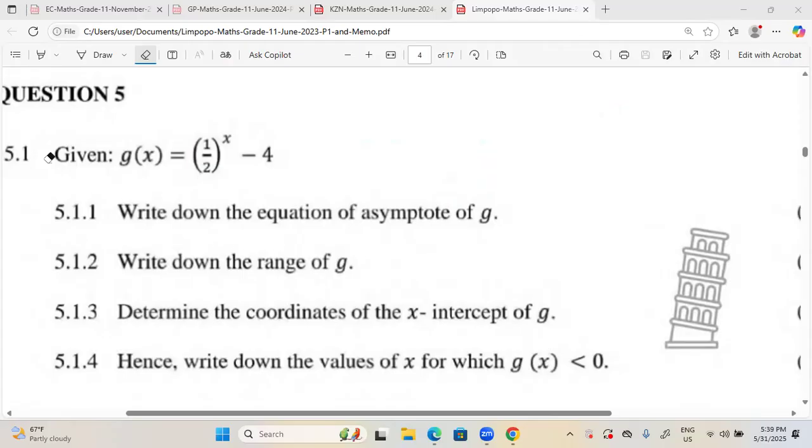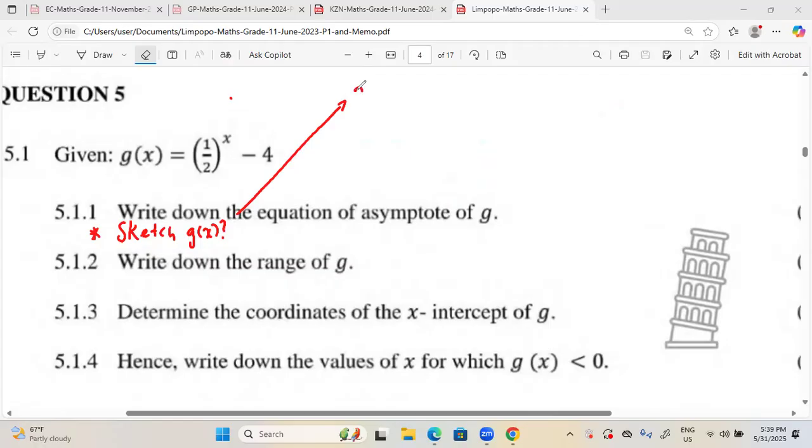So I'm going to insert my question here. Before we reach 5.1.2, I'm going to put the question here and say sketch g of x. So this is what I want us to do. I want us to sketch the graph. So how do we sketch the graph of g of x? Remember, guys, when you are sketching the graph, it's important to know the intercept.